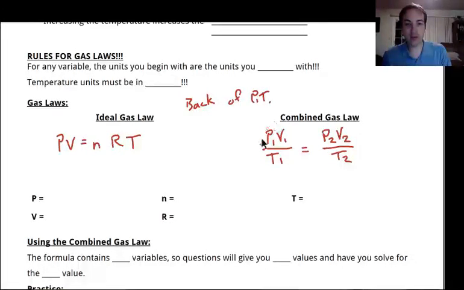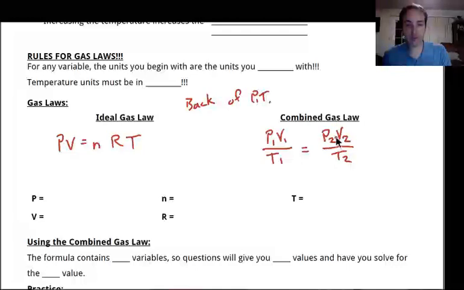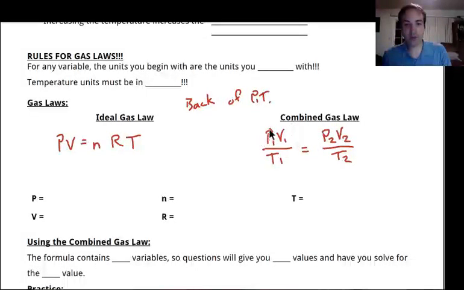All this is saying is that the initial pressure, volume, and temperature is tied mathematically to the final pressure, volume, and temperature, meaning that if we change the pressure by a certain amount, then the volume and temperature will change accordingly, and they'll change in a way that is predictable, meaning that the ratio of pressure, volume, and temperature is always going to be the same. So if we change one, it will change the others by a specific amount, and you can predict that amount.